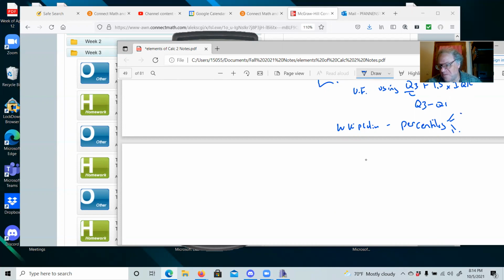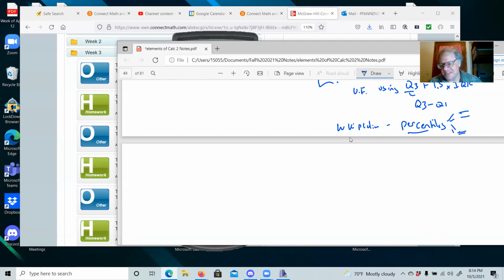You can have a whole fight over this, but don't, because they're all recognized. There's a reason why doing it by hand or by calculator might give you slightly different answers: there are four different recognized ways of calculating these things. They agree for certain numbers of things, but other times the percentiles could be a little bit off depending on how you did it.